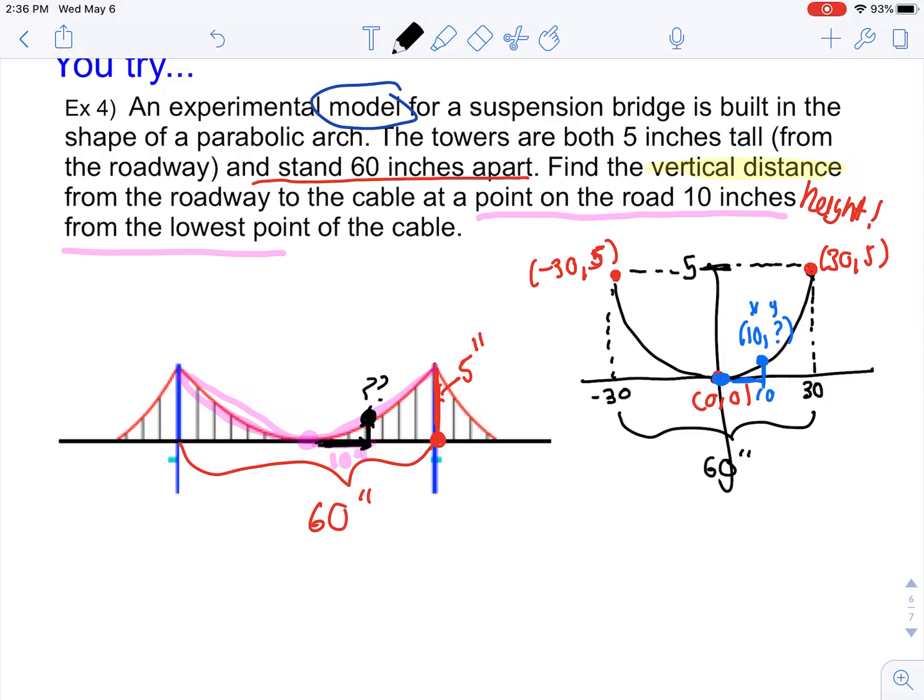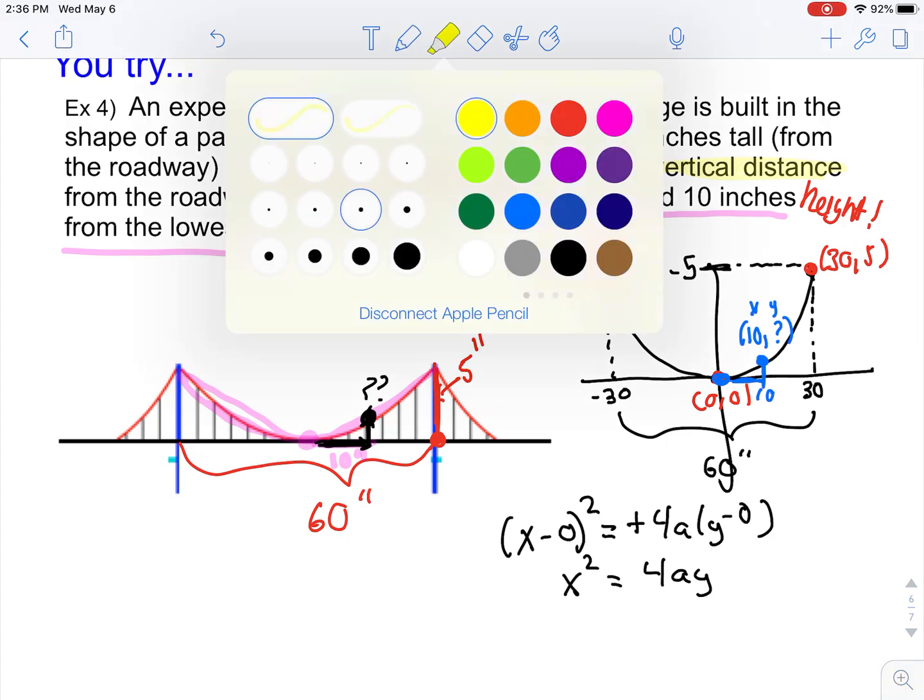So one last time, we're writing an equation here. When we write this equation, we know that this is a parabola opening up. So again, x squared equals positive 4ay. Our vertex this time is at 0, 0, so we can keep that simple. We don't know the a value, so my equation at this point looks like this.